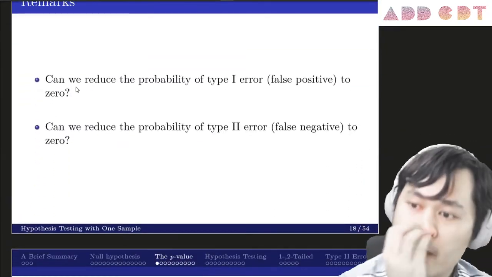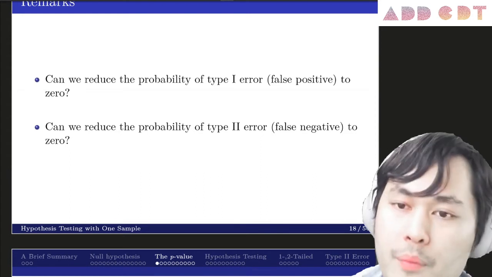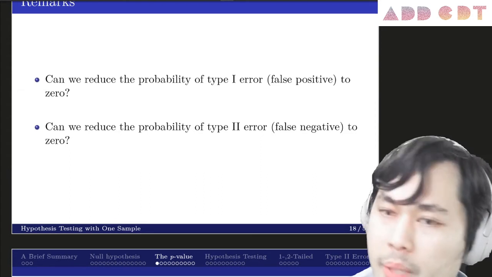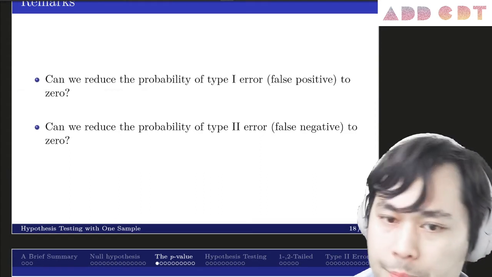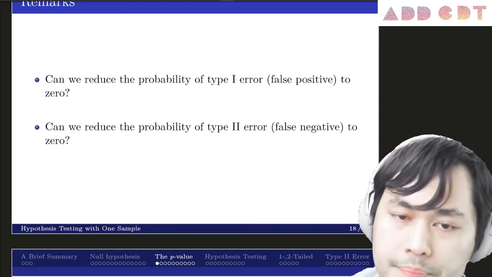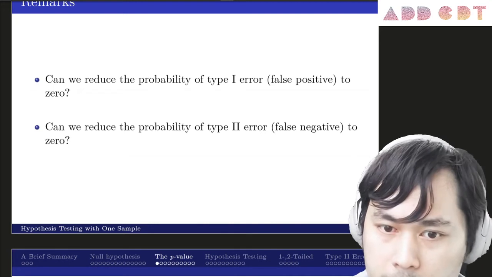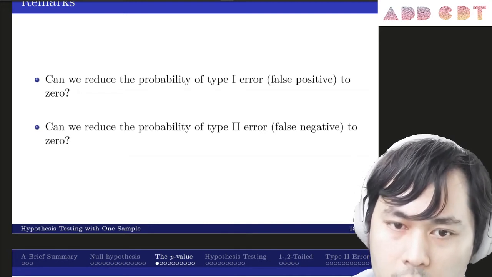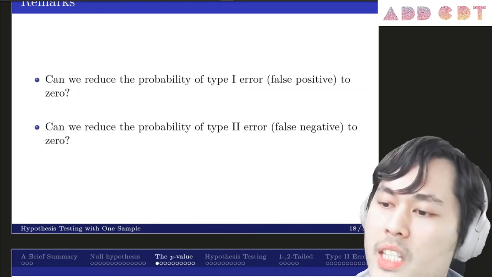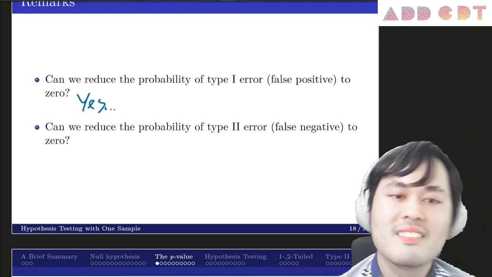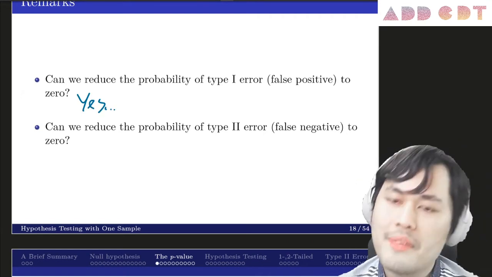So here are two remarks. The first question is, of course, can we reduce the type 1 error, the false positive error, to be 0? And the answer is yes. Let's go back to the table.